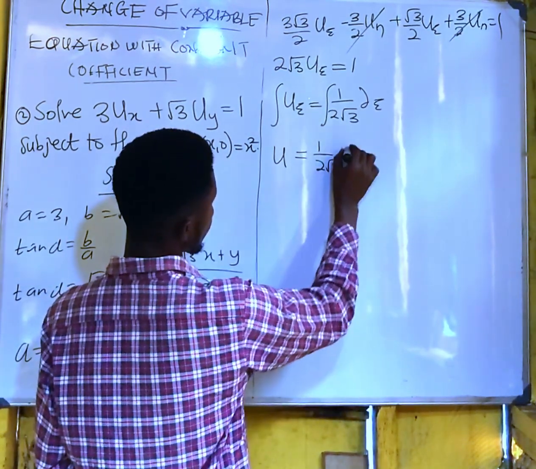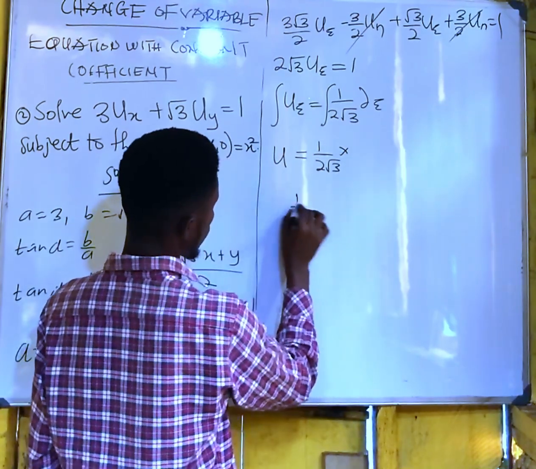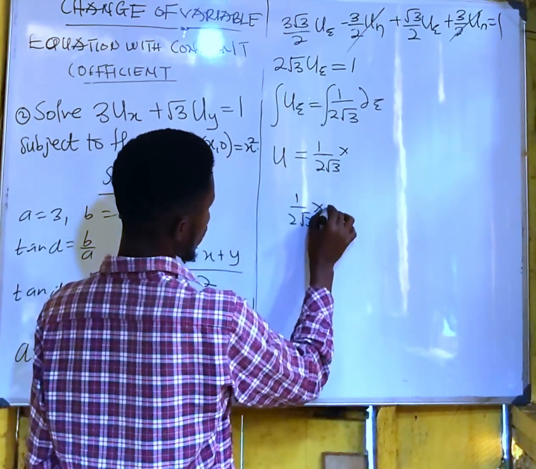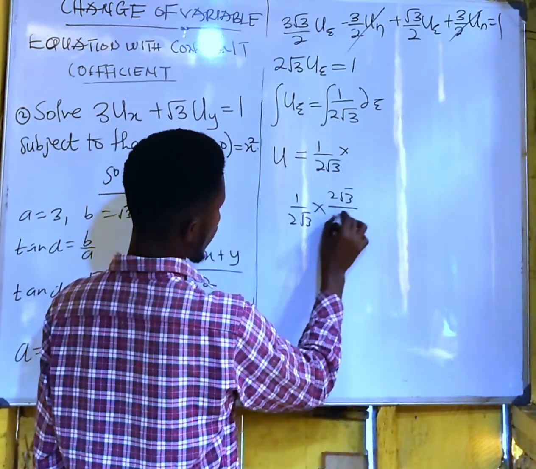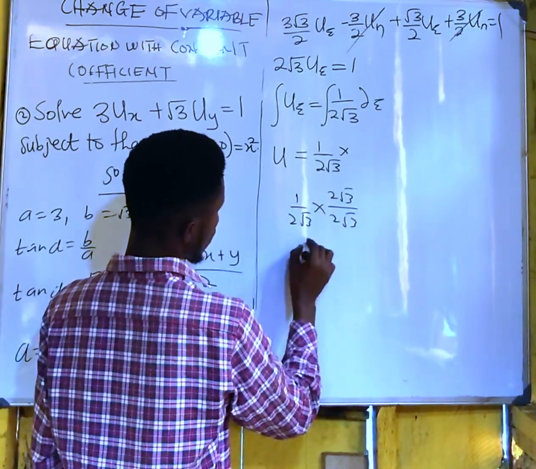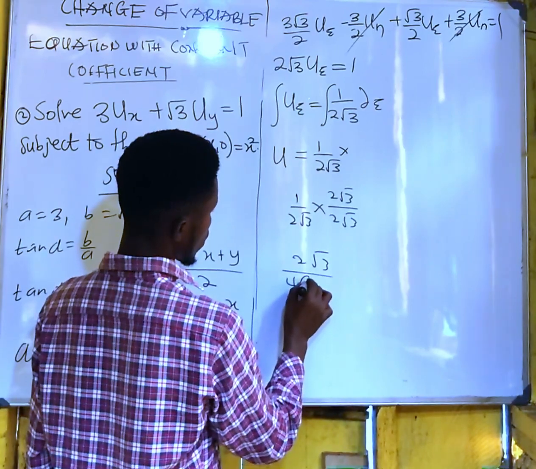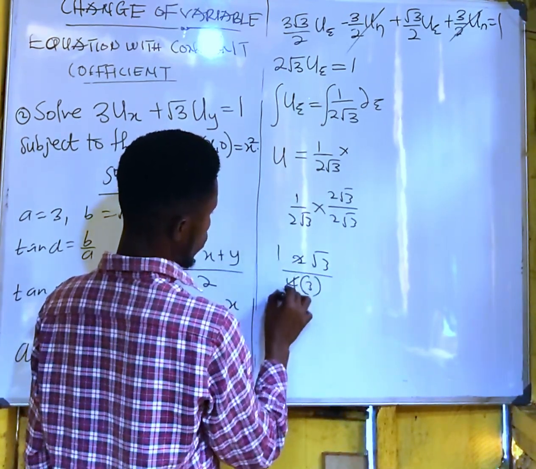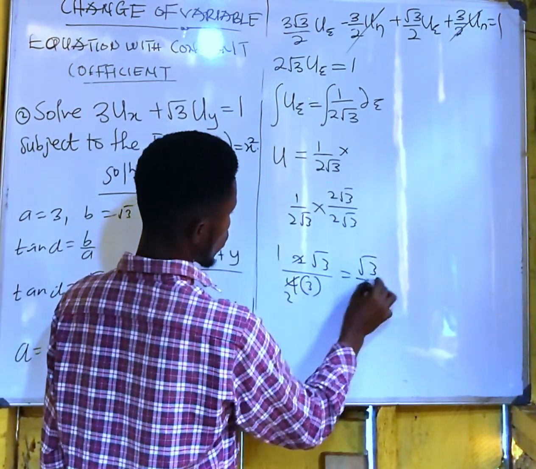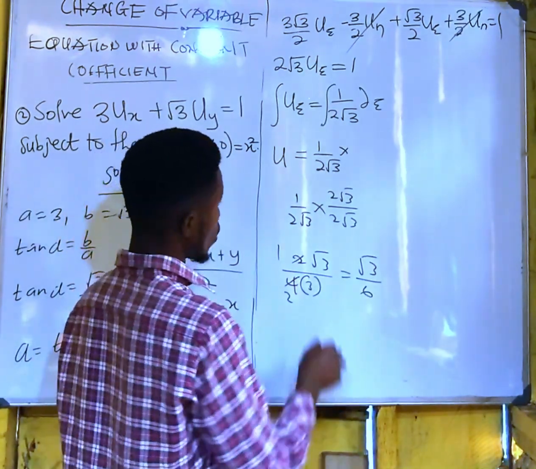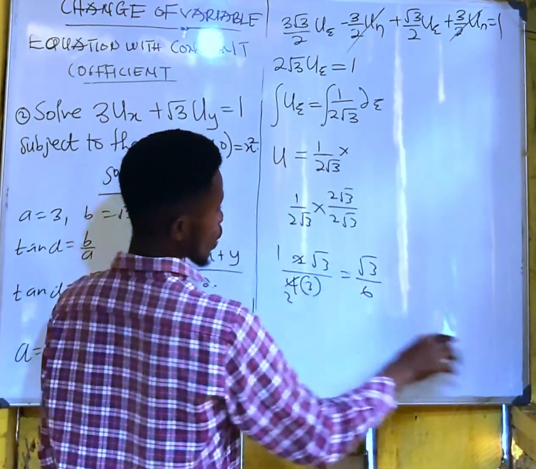Let me rationalize this one: 1 over 2 root 3 times 2 root 3 over 2 root 3. This will give me 2 root 3 over 4 times 3. 2 goes here, 1 goes here. This will give me 2 root 3 over 6. So when I simplify this, I'll get root 3 over 6.